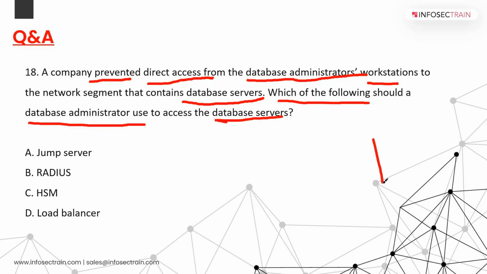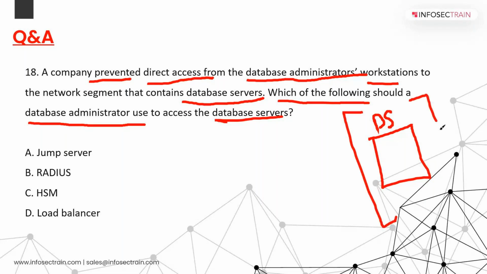So there is a database server, and we are putting it in isolation, cutting it off from the rest of the world. Why? Due to security reasons. I do not want anyone else to have access to this database. If a person makes a direct connection with the database, he is denied.